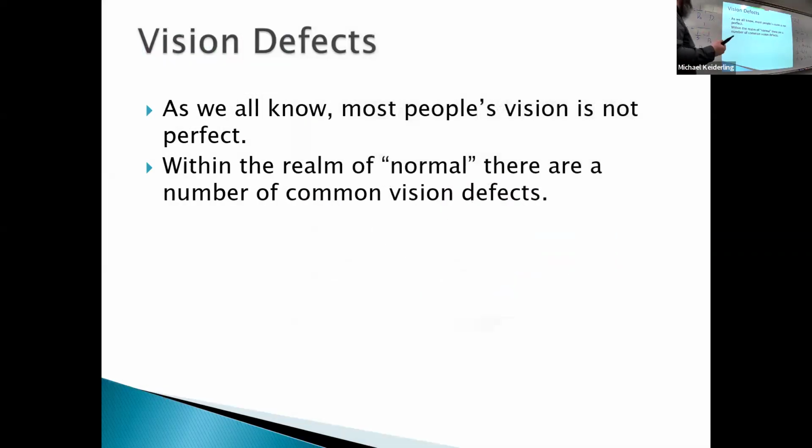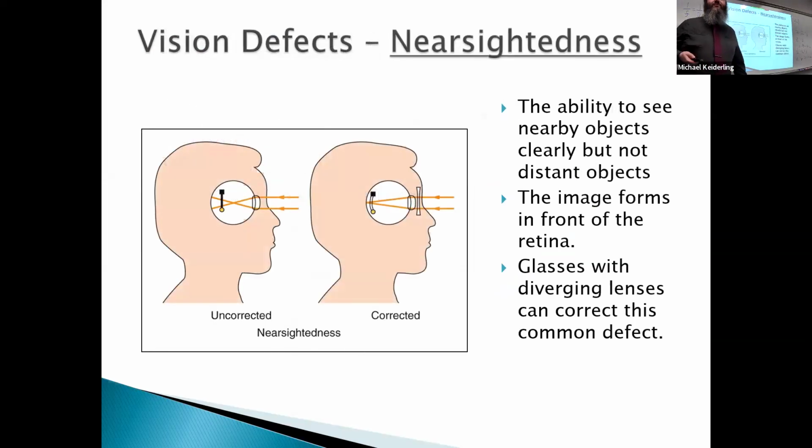And as we know, not everybody's vision is perfect. And generally it gets worse as you age. So within the realm of normal, there's a number of common defects with vision. The two most common are nearsightedness and farsightedness. Nearsightedness occurs when your lens focuses the image too far forward.